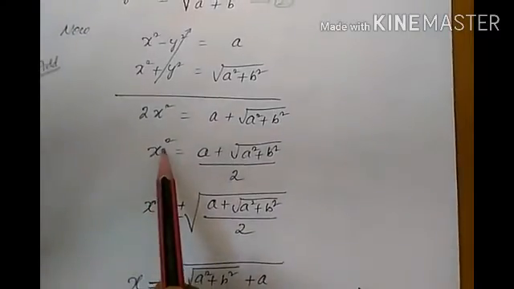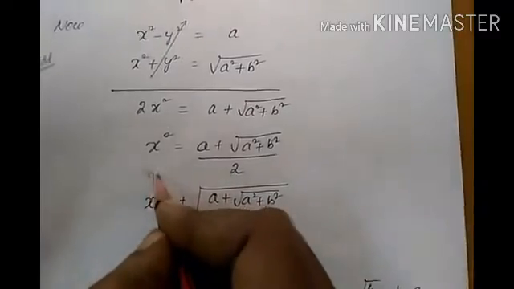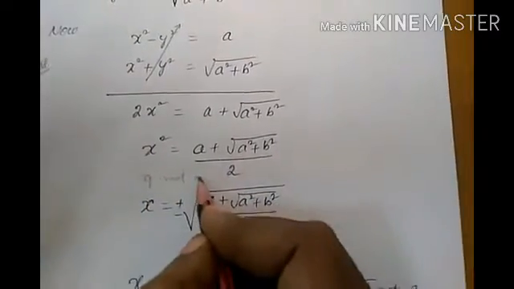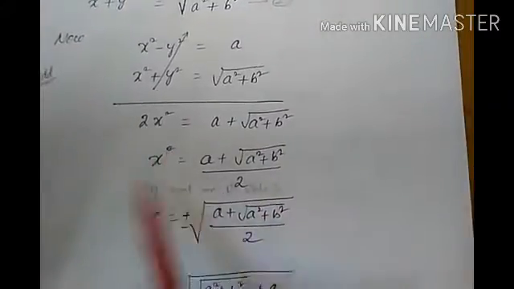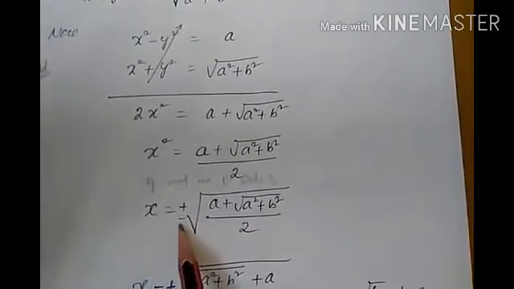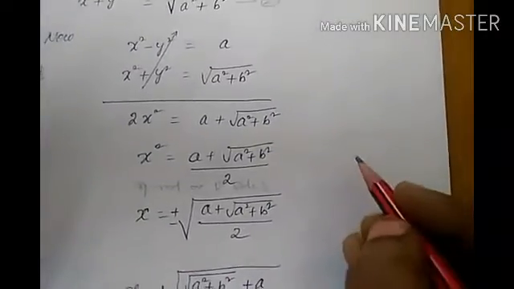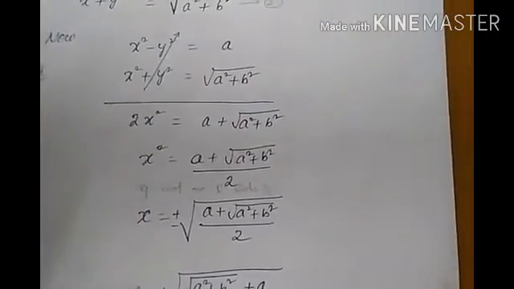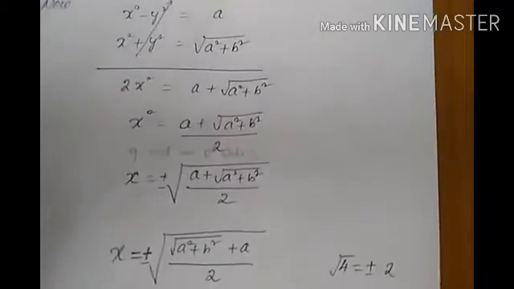Take the square root on both sides again. Square root and square get cancelled. Now x is equal to plus or minus. If you take the square root of any number, it gives two values, either plus or minus. That means a positive value and a negative value. Let us observe.